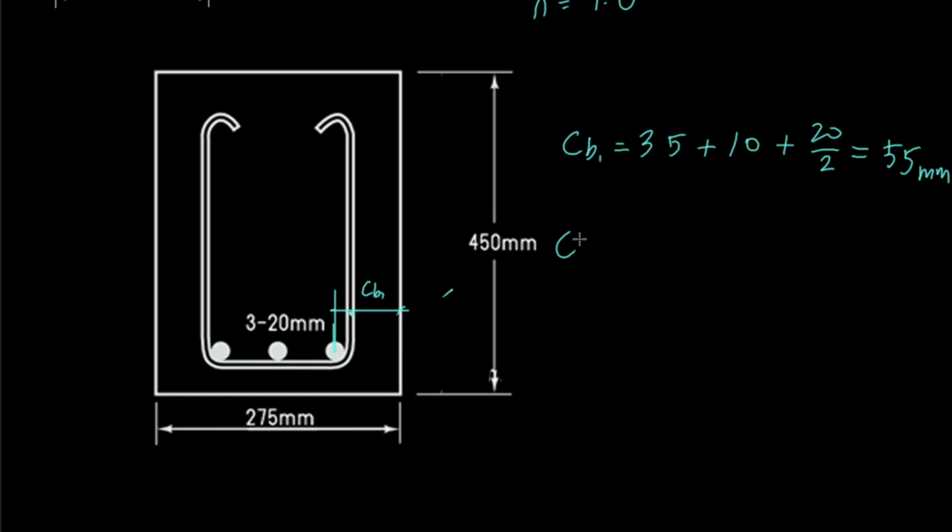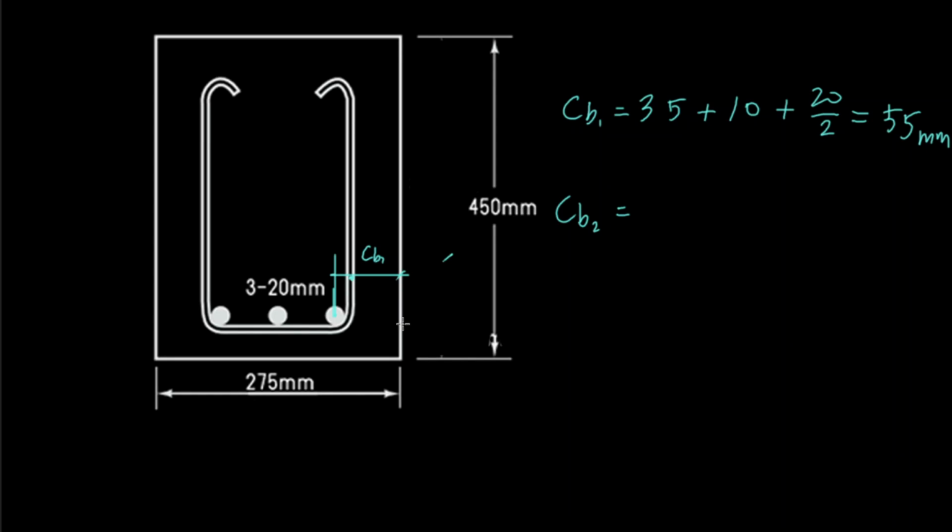Then, CB2, ano bang definition ng CB2? Sabi naman ng code, ito lang naman yung kalahati ng center-to-center spacing. So, kukunin natin tong center-to-center spacing na x. CB2 is equal to x divided by 2. So, yan yung kailangan natin.